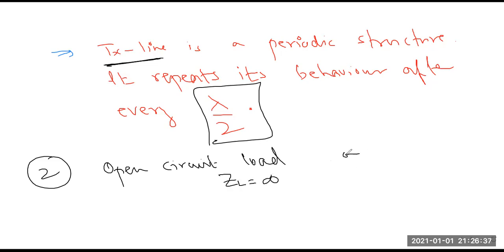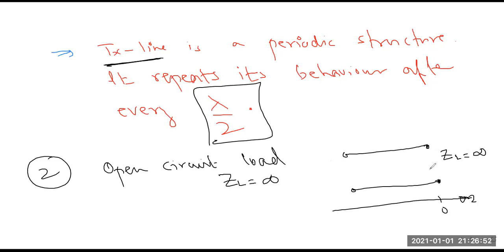So now for the same transmission line, at this position you are not connecting anything. So it means you left the two ends of your transmission line open. So this is open circuit termination. Now let's see what will be the behavior of this transmission line.